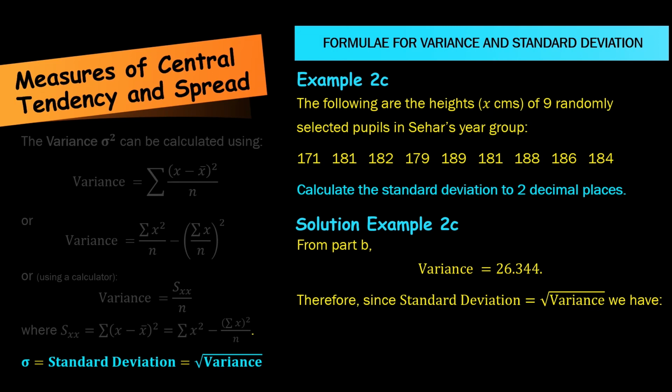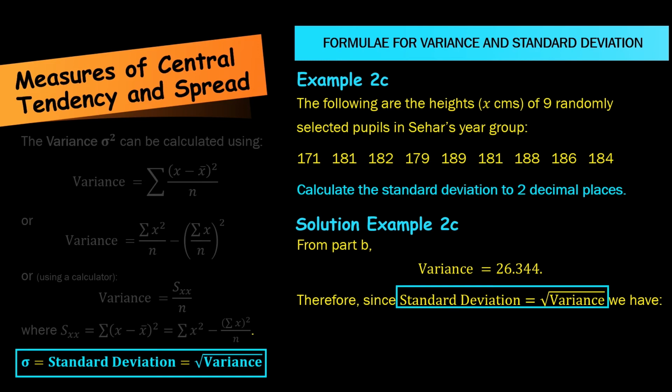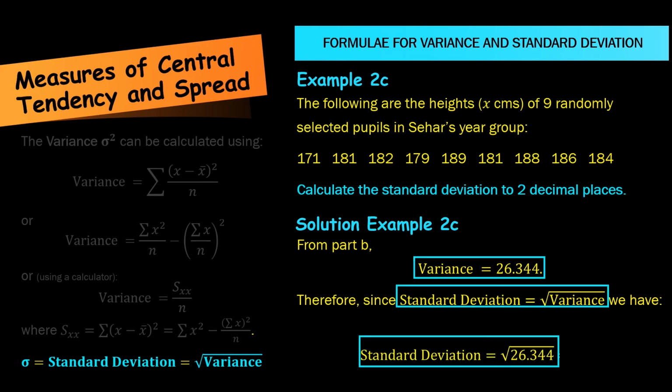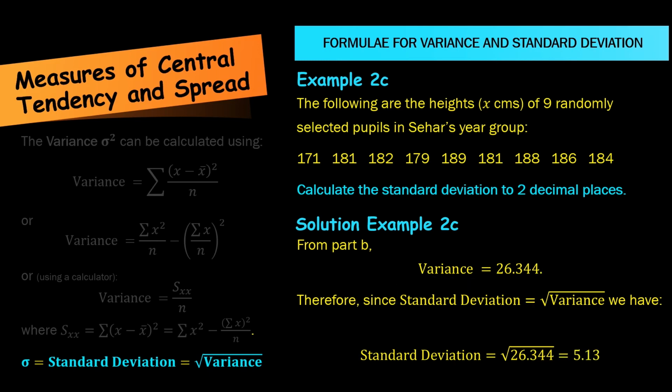Therefore, since standard deviation equals square root of variance, we have that standard deviation equals square root of 26.344, which is equal to 5.13 to 2 decimal places.